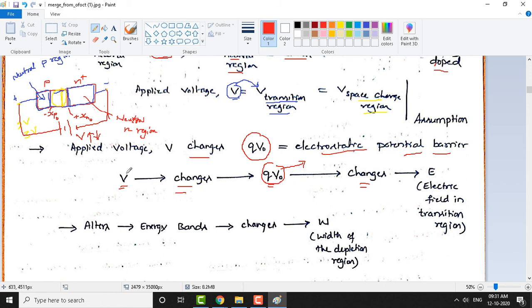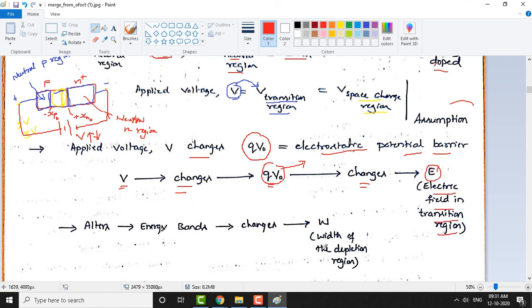The applied voltage is going to be in opposition to V naught. So when you go in the positive or negative direction, the corresponding product keeps changing. When the Q into V naught changes, obviously the electric field also changes. E is the electric field in the transition region.